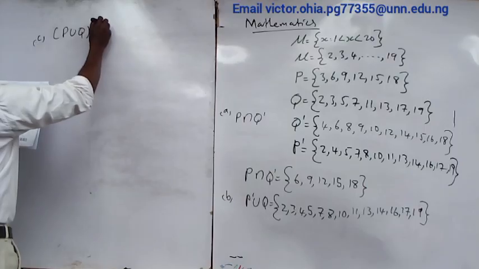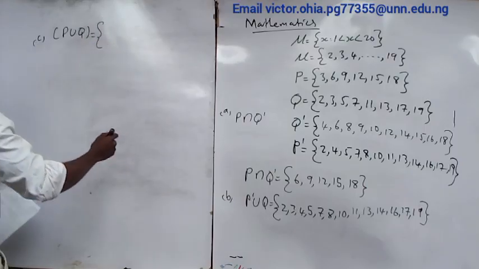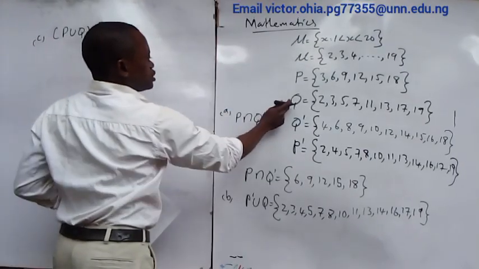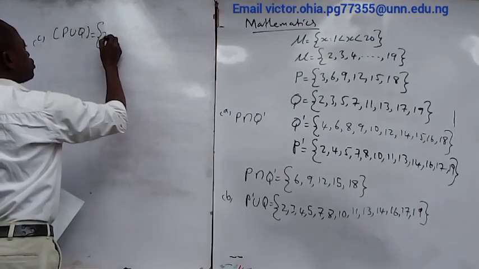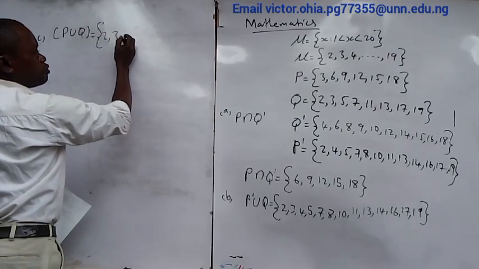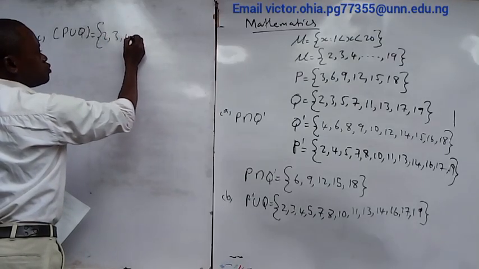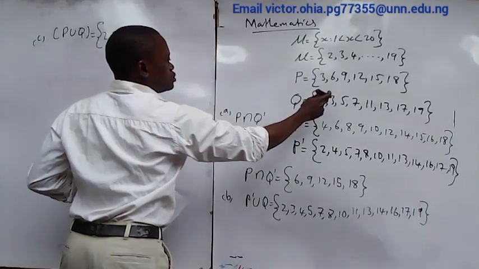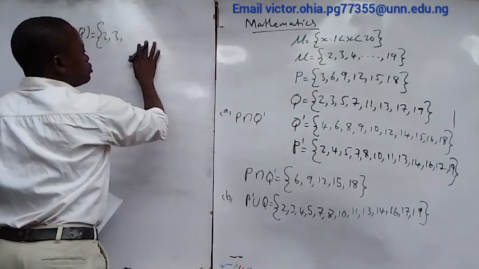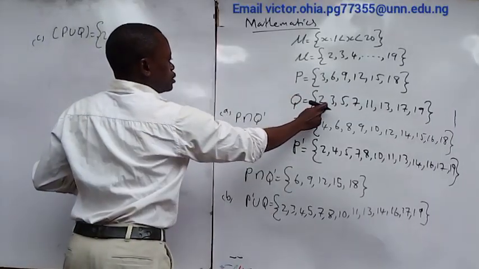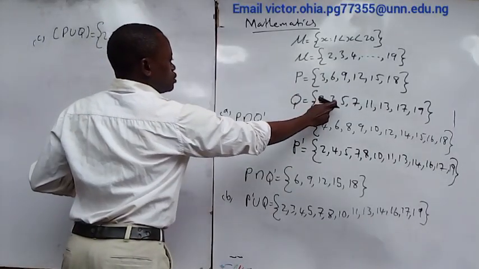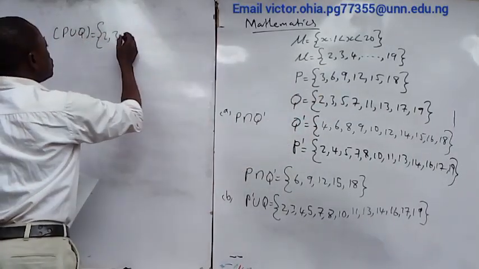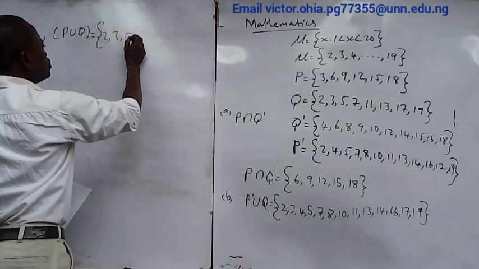The union of P and Q is this and this. So I'll start with 2, 3, 5, 6. I'm looking at here and here. 2, 3, 5, 6.